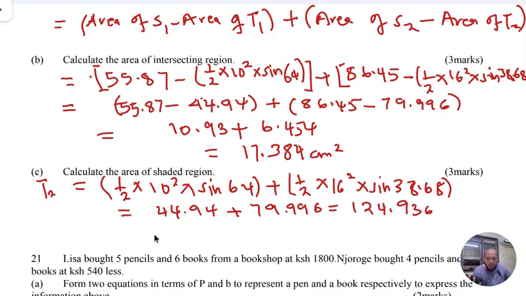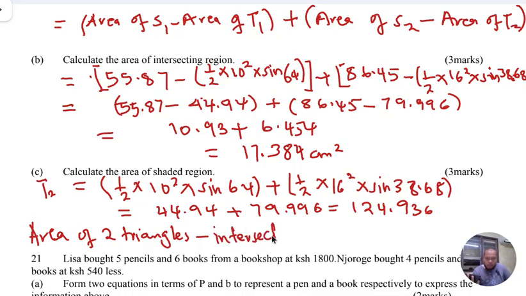44.94 plus 79.996 gives 124.936. And then, for the area of the two triangles, you subtract the intersecting region.